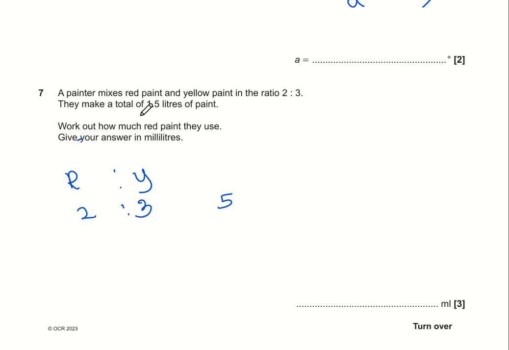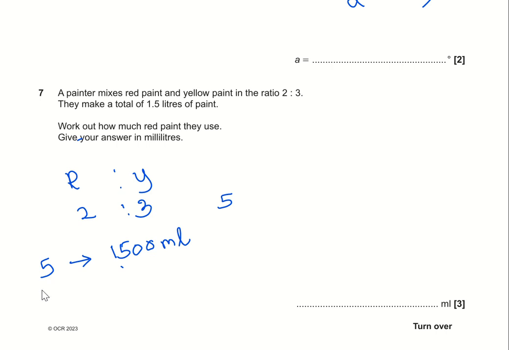So I'm going to convert into milliliters. 1.5 means 1500 milliliters. So now I'm going to divide this. This 1500 means 5 altogether. So this 5 means 1500.